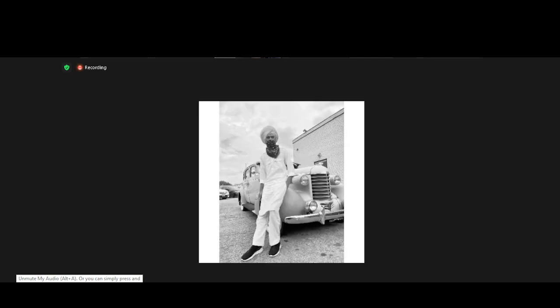Harmanmeet Singh, present, ma'am. Jaspal Singh, present, ma'am. Jatanpreet Kaur, present, ma'am. Jobanpreet Singh, present, ma'am. Jobanpreet Singh number two, yes, ma'am. Both are present, right? Karanbir Singh, present, ma'am.